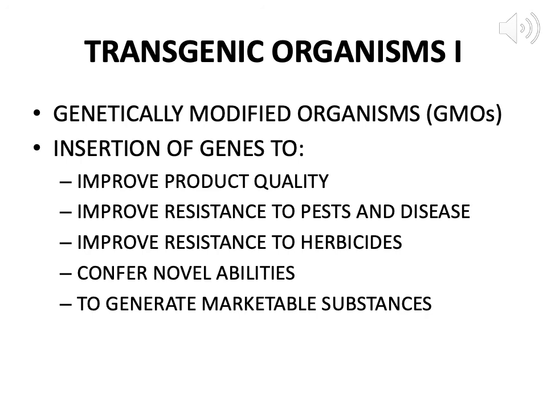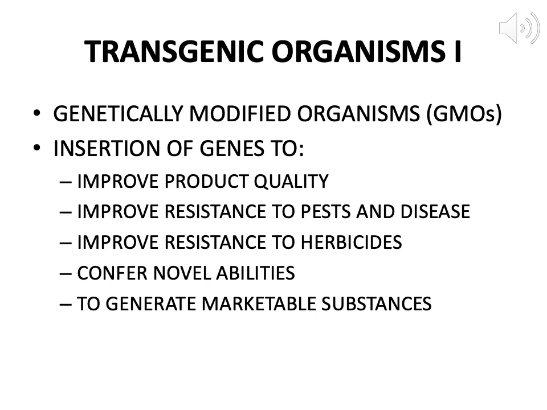Now, sometimes those genes are manipulated to improve product quality. So you might get a better strain of corn or a better strain of tomato. It might improve resistance to pests and disease. I could genetically modify strawberries. I could improve resistance to herbicides. I could genetically modify soybeans.